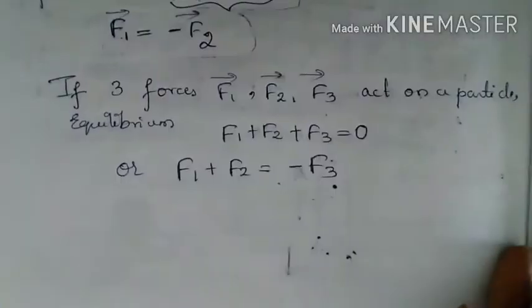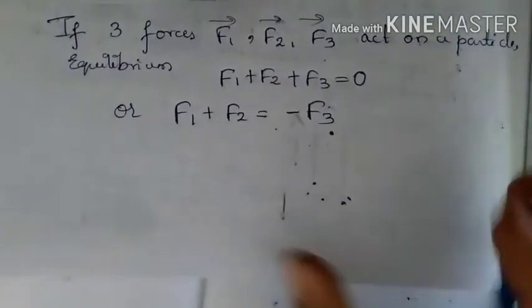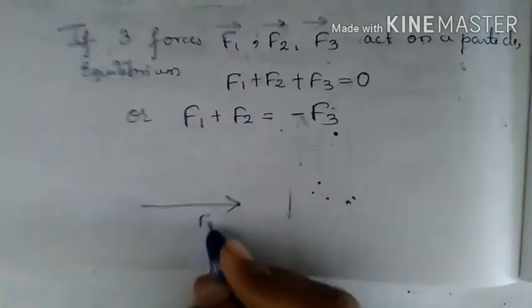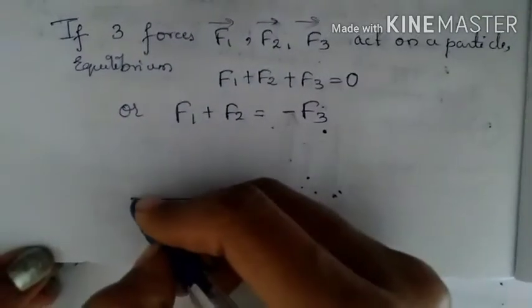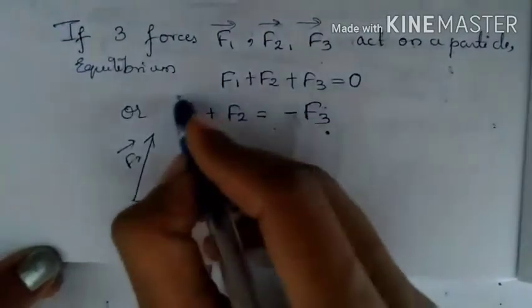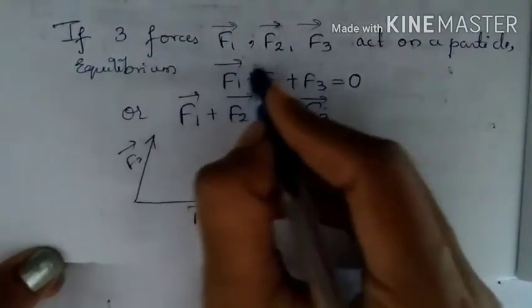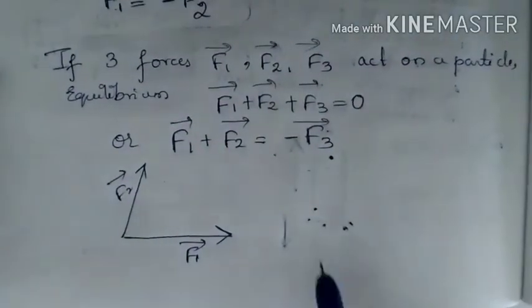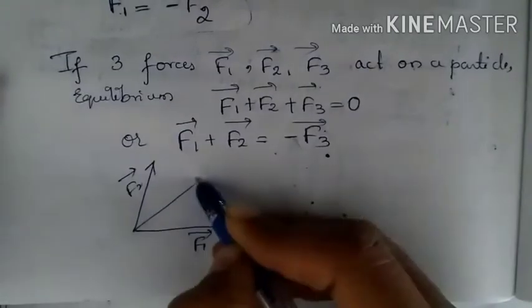So if I draw the diagram for that, let's suppose you have F1, so you have F2, next for this, so F3 is this.